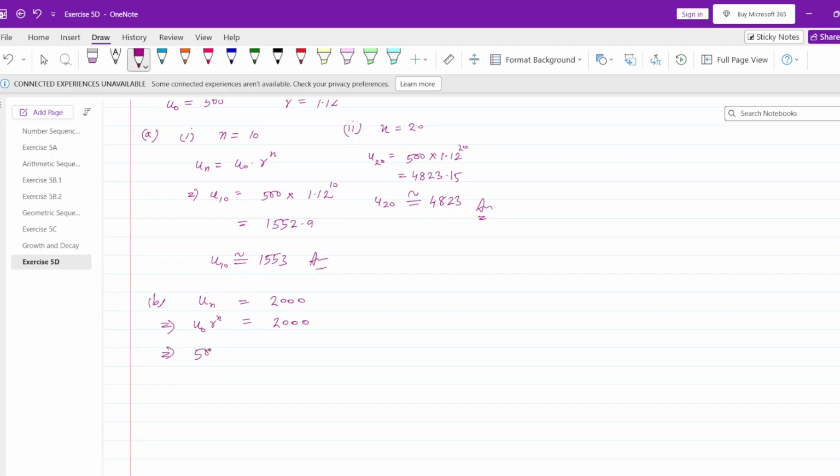So this is 500 times 1.12 raised to the power n equals 2000. We know 500 goes into 2000 4 times, and 1.12 raised to the power n equals 4.